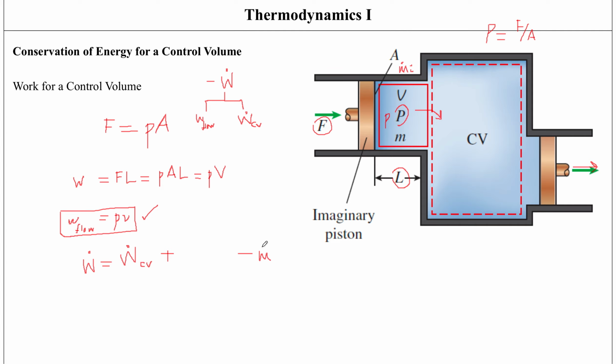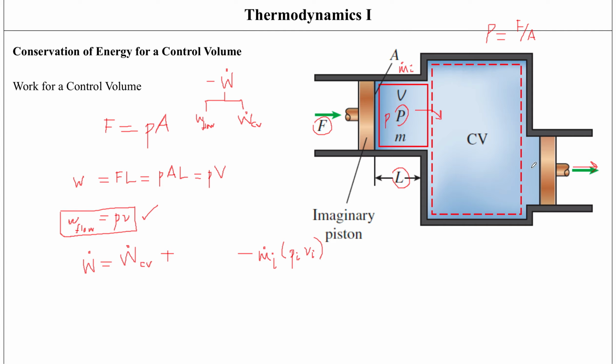So it's going to be minus m dot i into Pi into vi, which is small v here. We're talking about specific volume here.